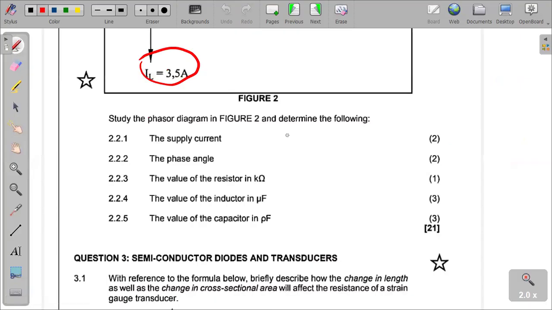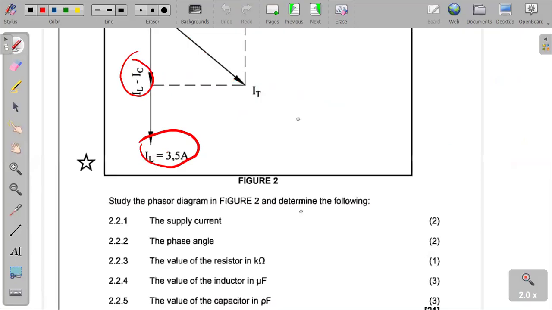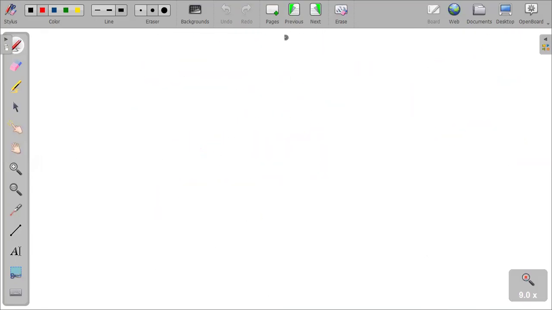The next is saying the value of the resistor in kilo ohms. Right, so how are we going to get the value of the resistor in our case? That's the R apparently. So 2.2.3. R is equal to, now in a parallel circuit, R is equal to V over IR. Here is how our circuit really looks.